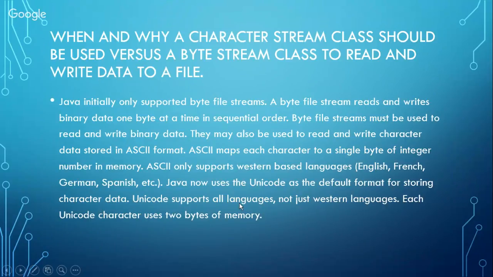This is another difference. It is not only Western languages. Each Unicode character uses 2 bytes of memory. These are the two most important differences between byte streams and character streams. Okay.